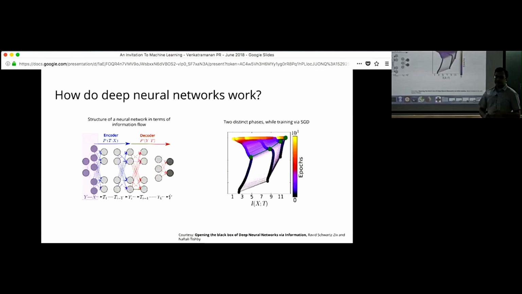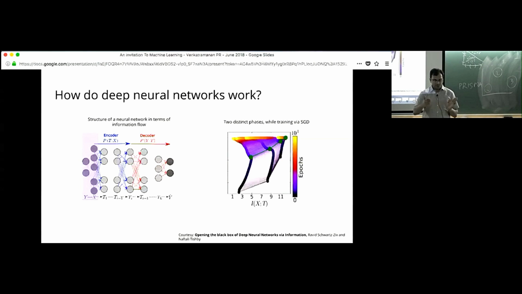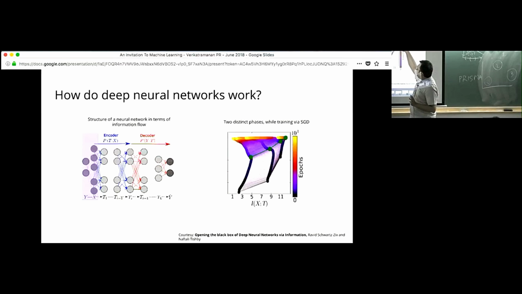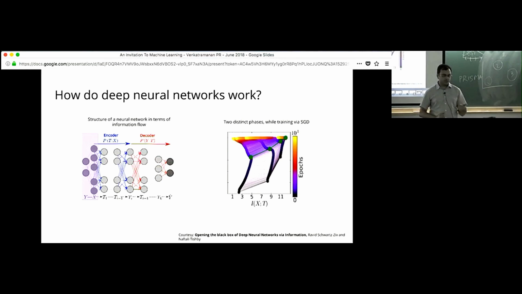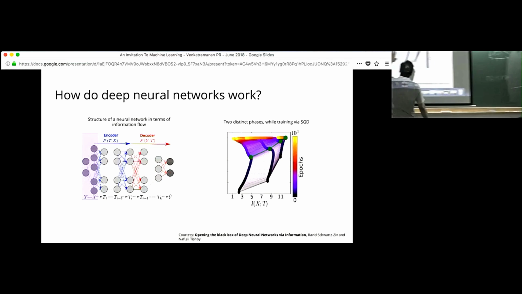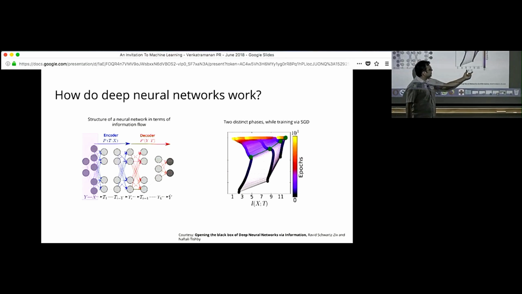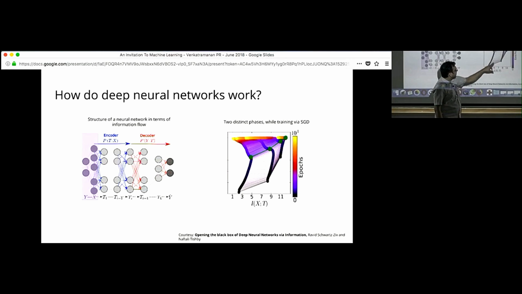They trained a deep neural network with layers 1, 2, 3, 4, and looked at the mutual information between the layer's output and the input, and between the layer's output and the actual output, not the predicted output. The y-axis has gone off here, but this is the mutual information between T, an intermediate layer, and the output Y.